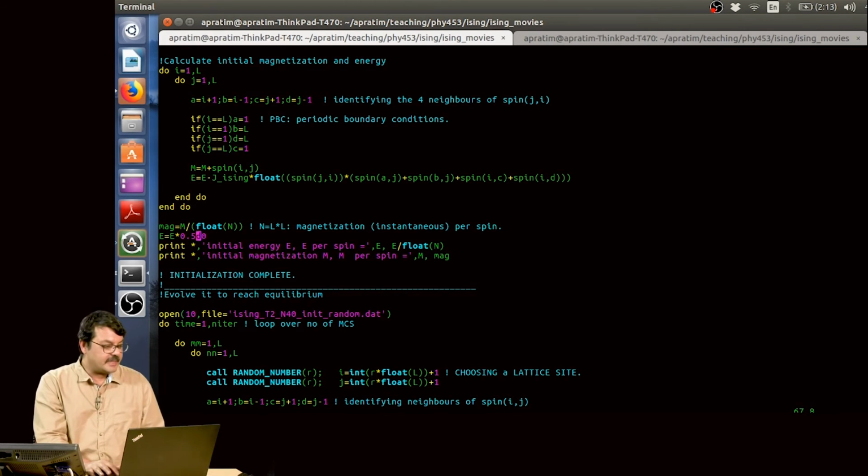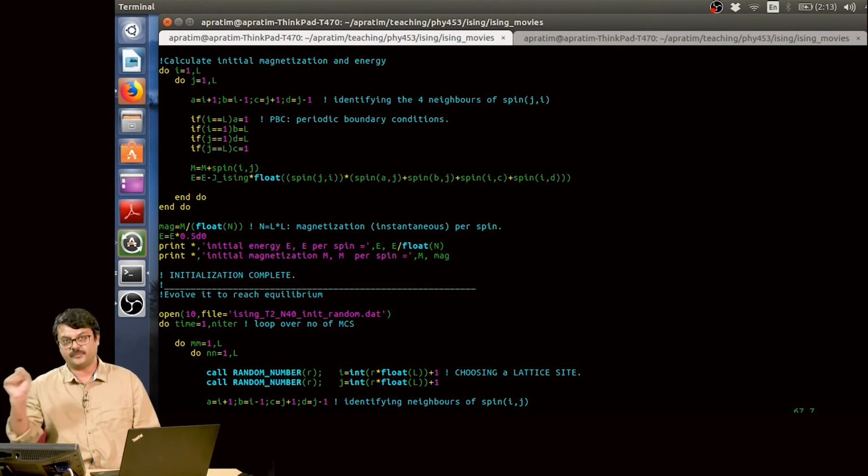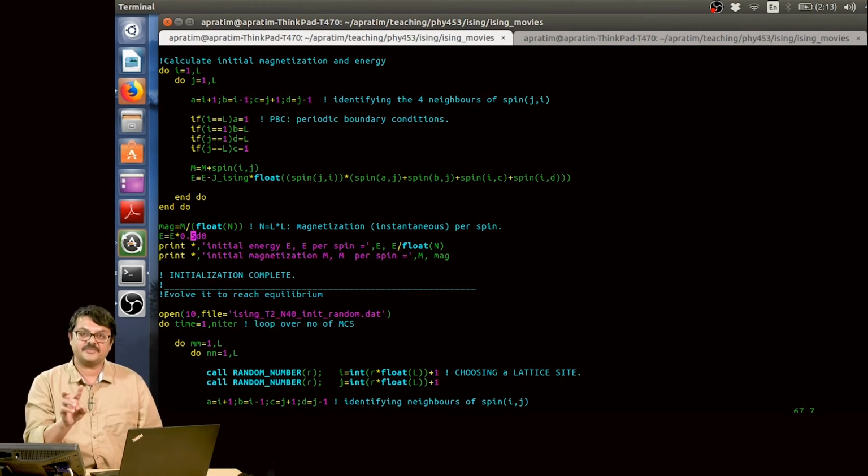That is trivial, but what is not so trivial is the value of the energy. So, here I have multiplied the value of the energy of the microstate of that spin configuration by half. Why this half? Because as I go from each lattice site 1, 2, 3, 4 and so on, I calculate the energy of interaction between 1 and 2.